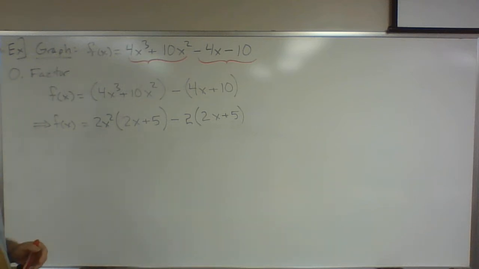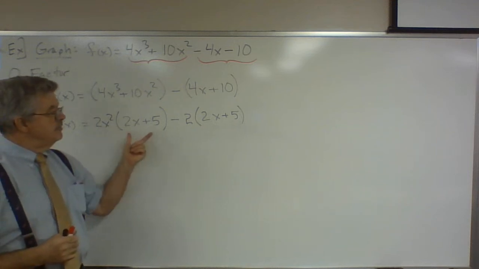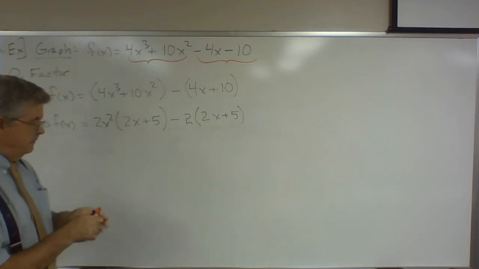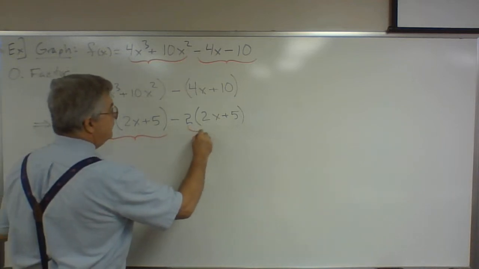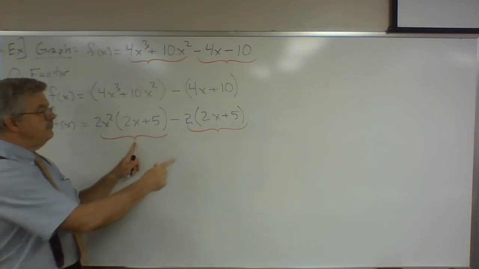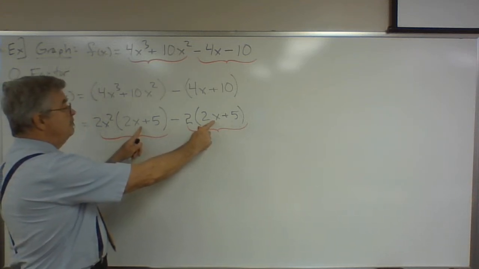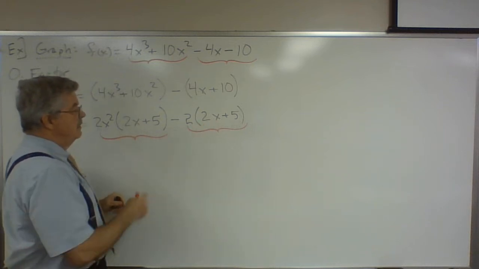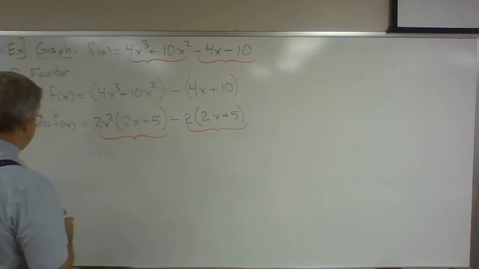And once I've done this, I look at the two terms that I have here and here, and I say, son of a gun, these two terms have a common factor, 2x plus 5. So I'm going to remove this factor from both terms.